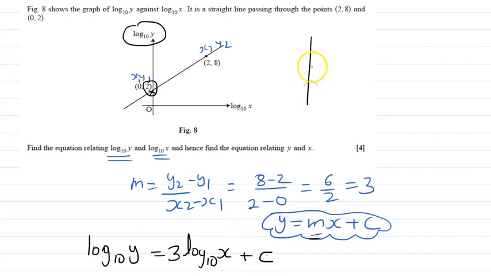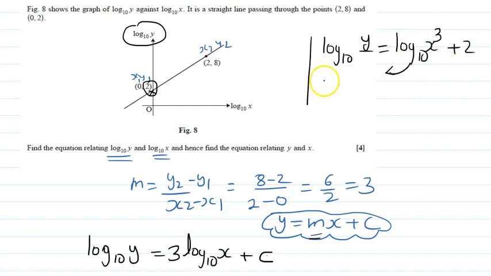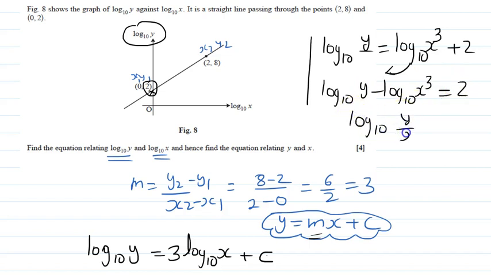So our answer will be log base 10 y equals 3 log base 10 x, which is log base 10 x cube, plus 2. If you bring this term to this side, it will be log base 10 y minus log base 10 x cube equal to 2, and this you can write down as log base 10 of y over x cube equal to 2.